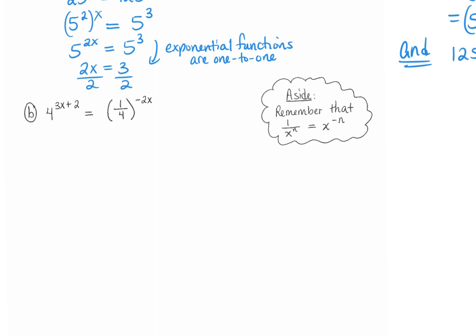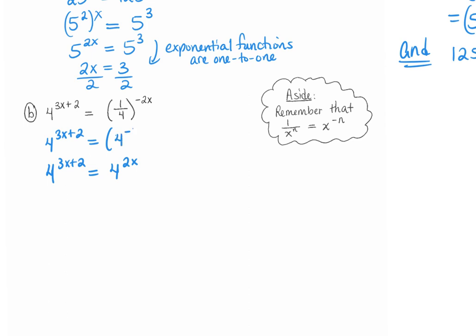So we're going to write a step in between, but eventually you're going to have 4 to the 3x plus 2 equals 4 to the 2x, as Lisa told us. But Zira said that you have 4 to the 3x plus 2 equals, you're going to rewrite 1/4 as what? 4 to the what power?